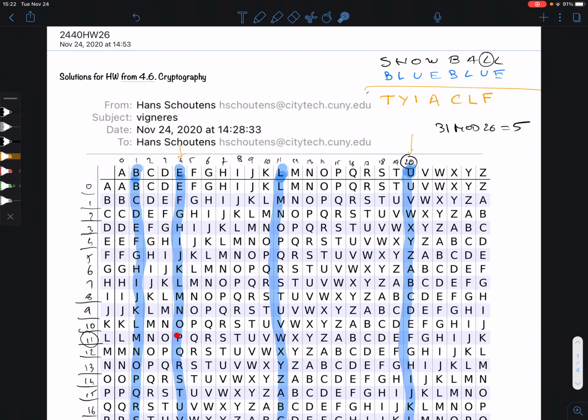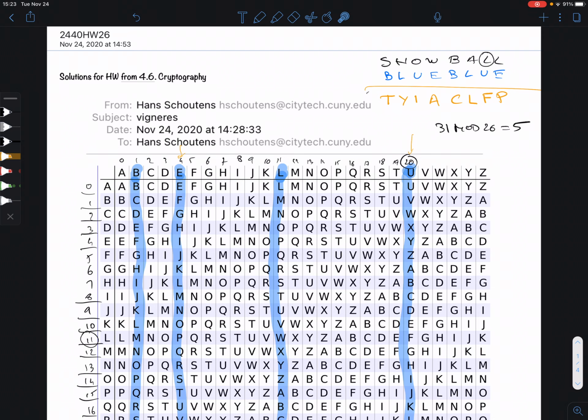So in that case, L becomes a P. This is just one word, so we cannot crack it based on this one word. But you can imagine if you have a whole sentence and you do the same trick, the frequency of E will be hidden, because one time E is shifted by the L key, the other time the E is going to shift by B, and so on. So this makes it less vulnerable to attack.